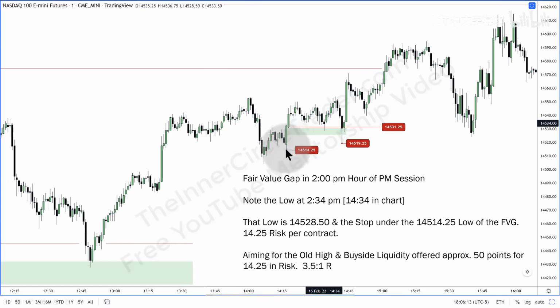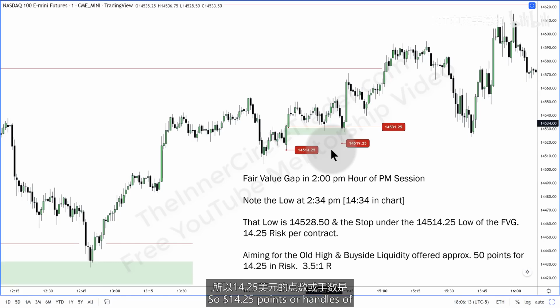The short-term low down here, after the fair value gap forms, that's where your stop loss is. That's the rules. So you have an entry point, your stop, and between the two of them, it works out to be, okay, let's say you have 14 1/4 in terms of risk. Okay, so 14 1/4 points or handles of total risk.